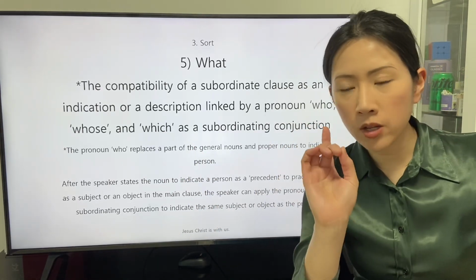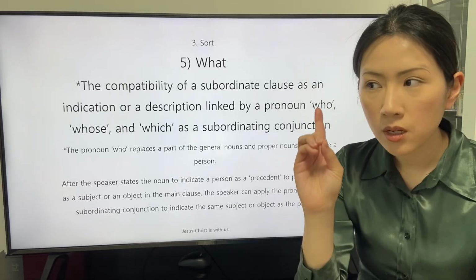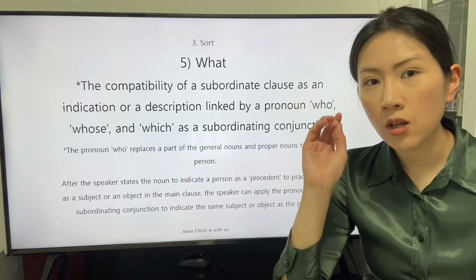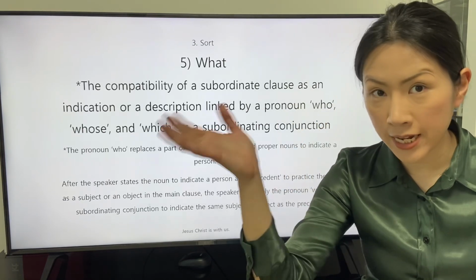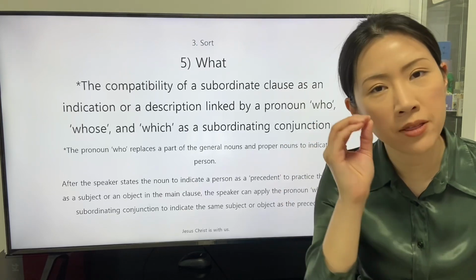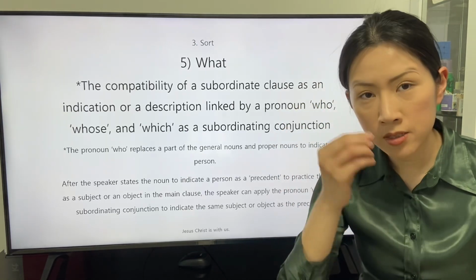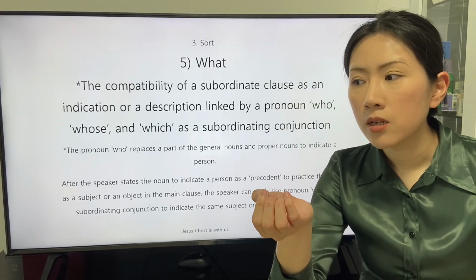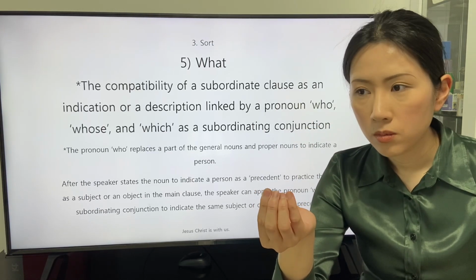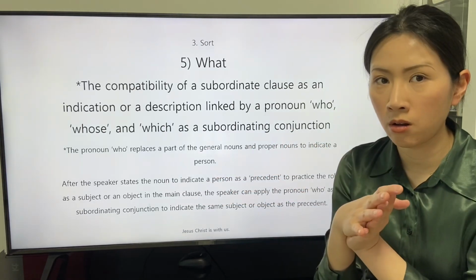The subordinate clause linked by the pronoun what is only applied as an indication, but the subordinate clause linked by the pronoun who, whose, or which is applied either way as an indication or a description.